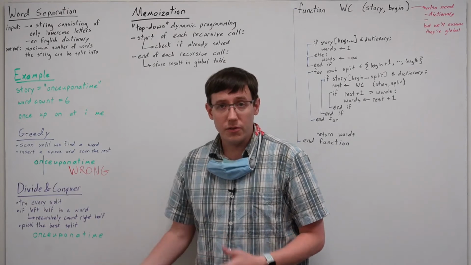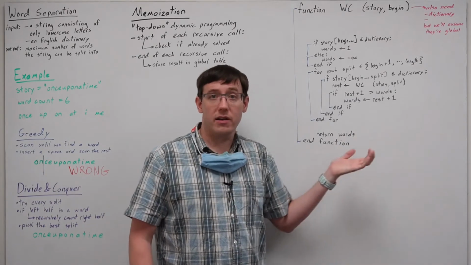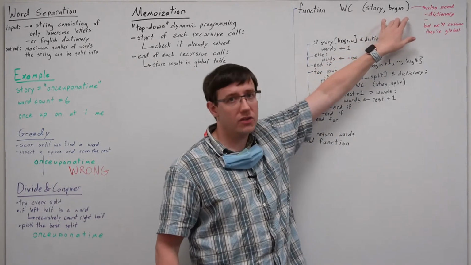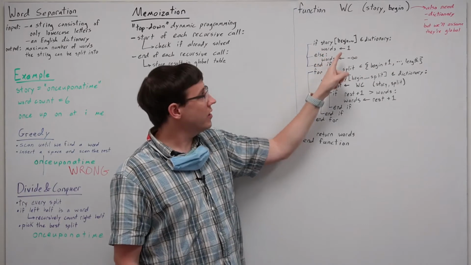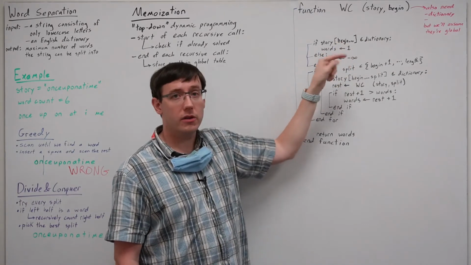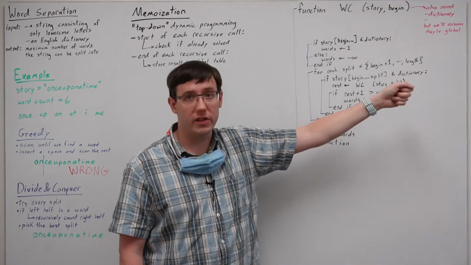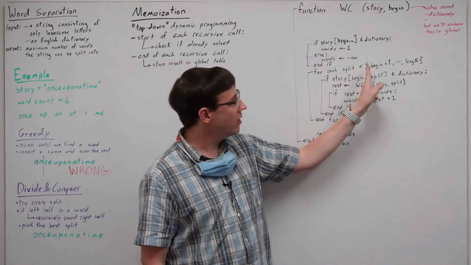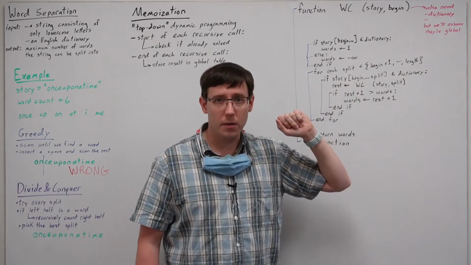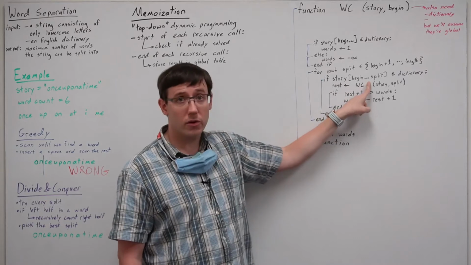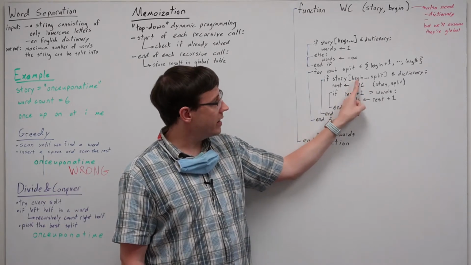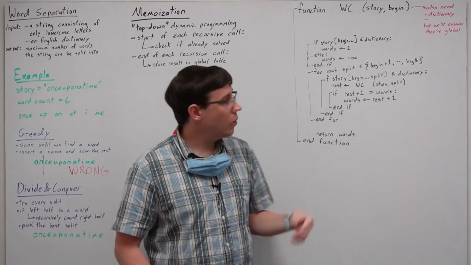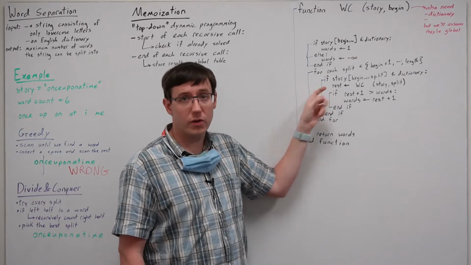And this gives us the word count algorithm that I've described in pseudocode here. Our function takes the story and an index at which to begin, and it first checks if the rest of the story starting from that index is a word in the dictionary. And then for each possible index at which we could split the remainder of the story, we're going to consider whether the characters from the beginning index to the split index constitute a word in the dictionary, and if so, we will recursively count the words in the rest of the string.